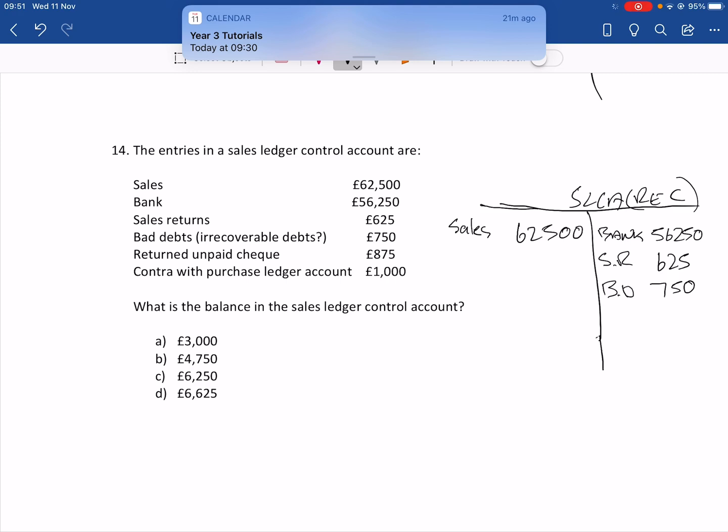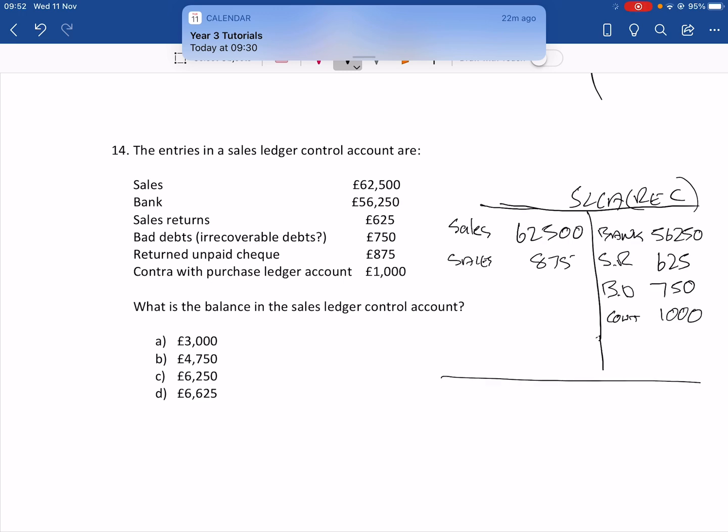That means where we'd sold goods to a customer, they've returned them because we've basically not received the money. So that goes back into here. So this would be the returned cheque, if you like, which would be 875. And then we've got the contra entry with the purchase ledger again. So the contra will be 1,000.